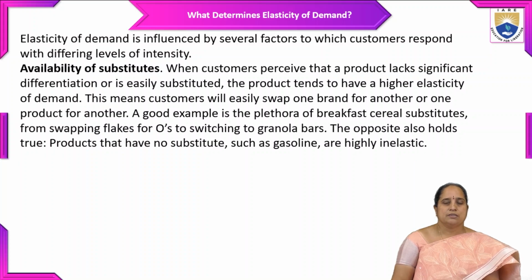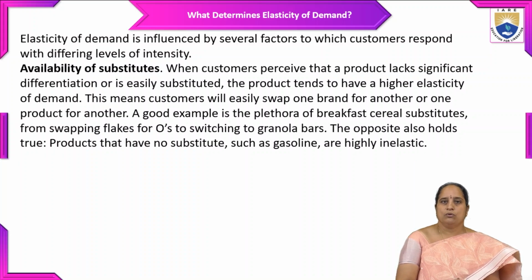This means customers will easily swap one brand for another or one product for another. A good example is the plethora of breakfast cereal substitutes, from swapping flakes for oats to switching to granola bars.